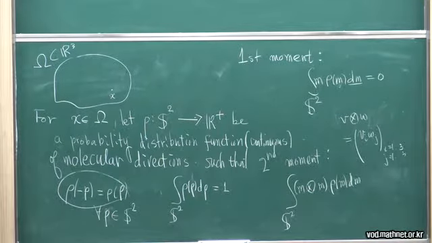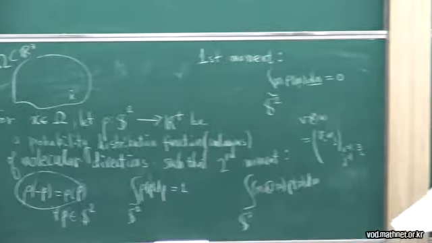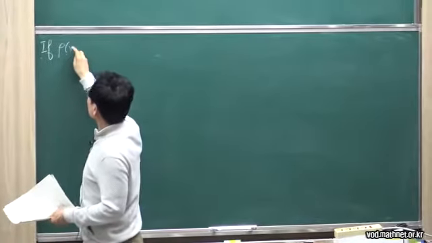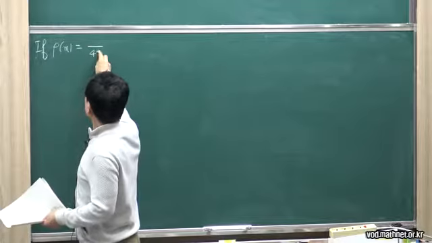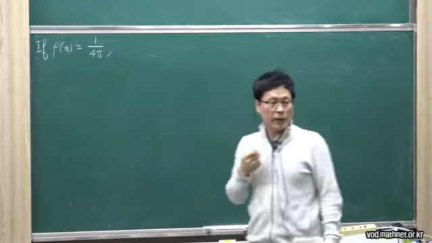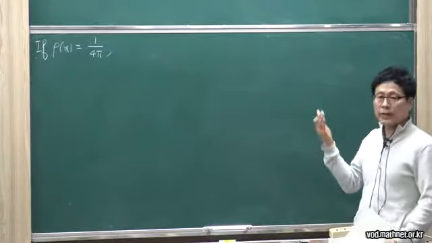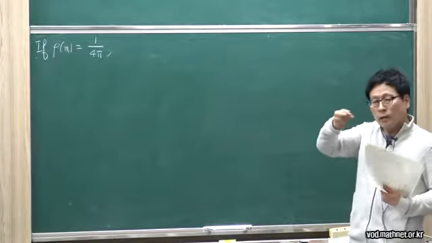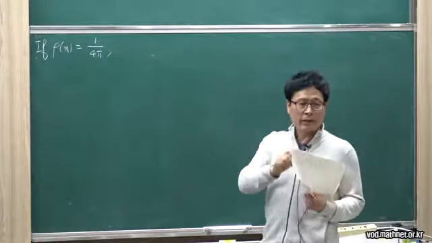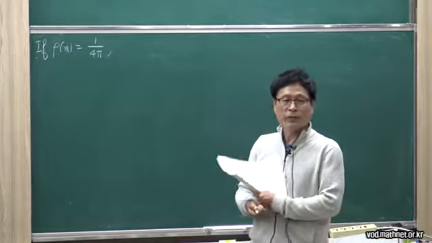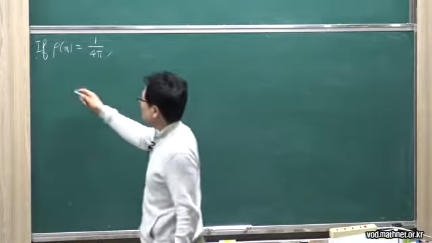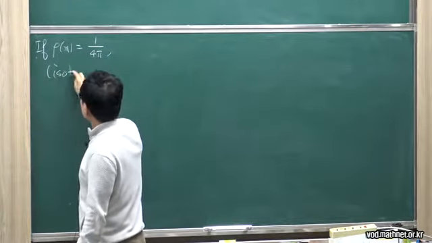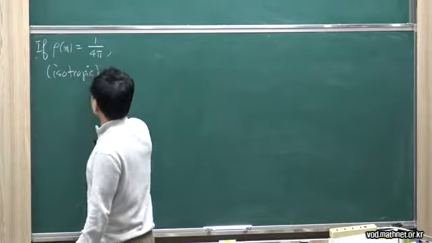And then when you look at the first case, if rho m equals 1 over 4 pi, suppose the rho is a constant function, all possible directions have the same distribution, which means isotropic. So this is for the isotropic fluid case.